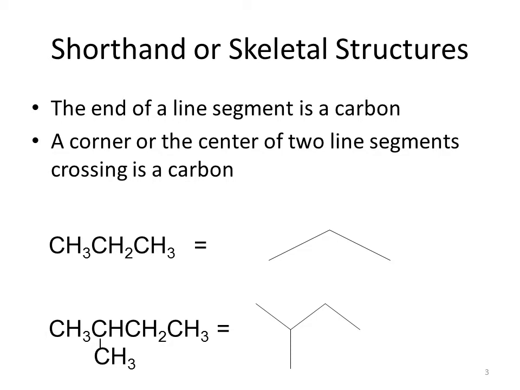Whereas the carbon at the top of the 2 line segments coming together has 2 carbons attached to it, so it must have 2 hydrogens attached to it. Likewise, if we go down to the bottom structure, the carbon that is at the center of 3 line segments coming together has 3 carbons attached to it, so there's only 1 hydrogen on that carbon in the middle.